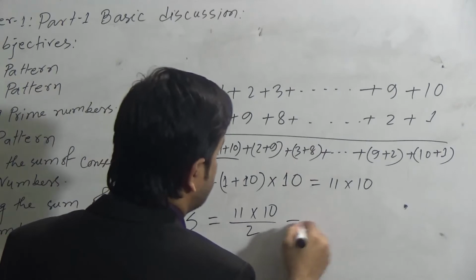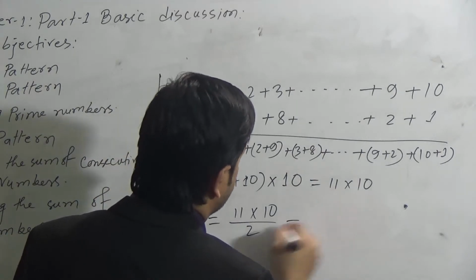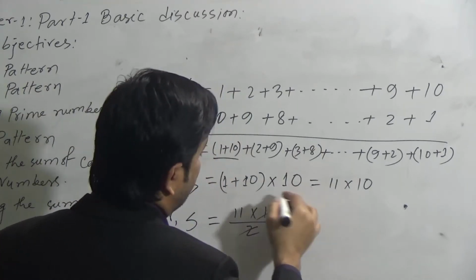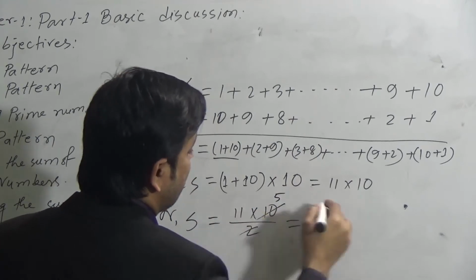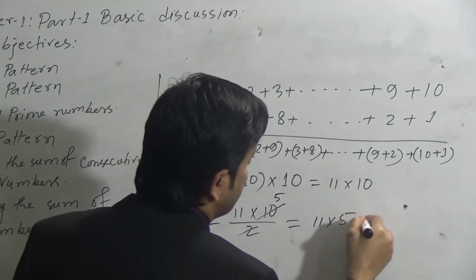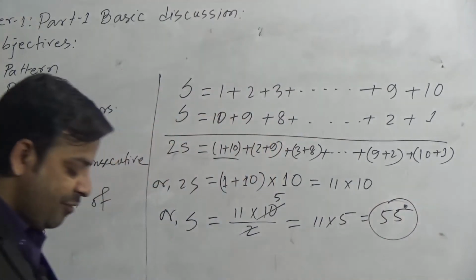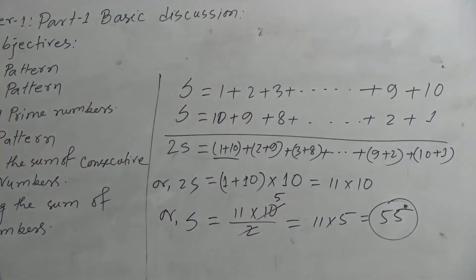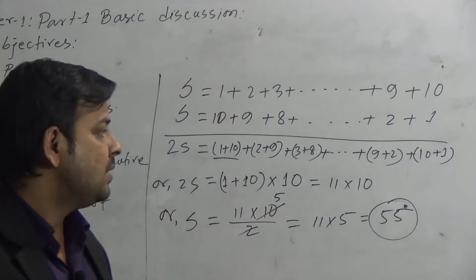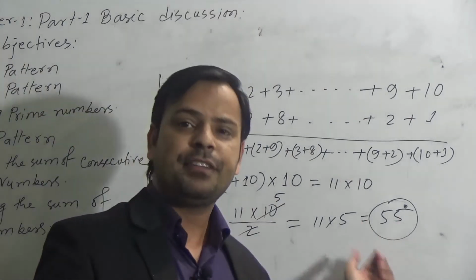If you calculate, you can cut by 2, and you will get 5. So 11 multiplied by 5 will be 55. So what is the sum of the first 10 consecutive natural numbers? That is 55.